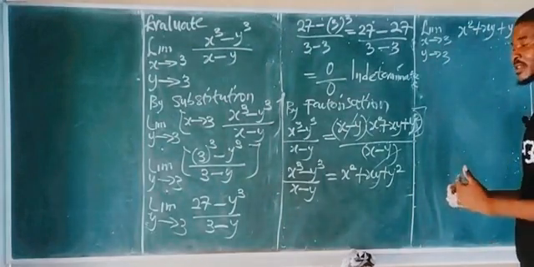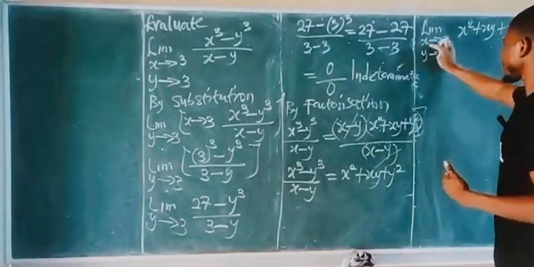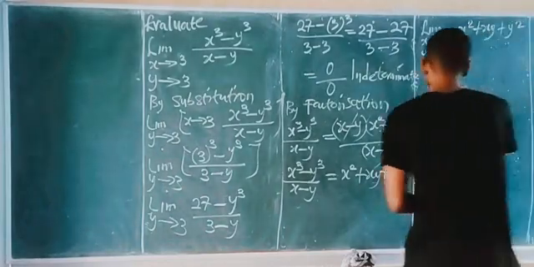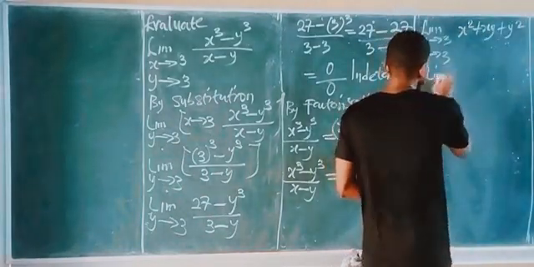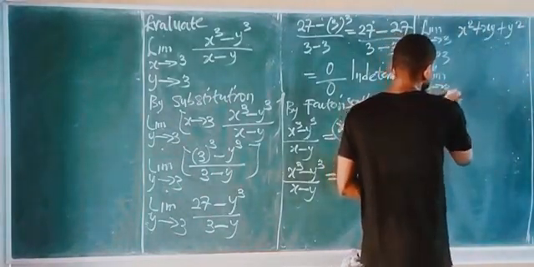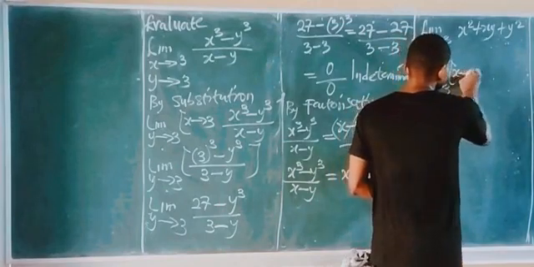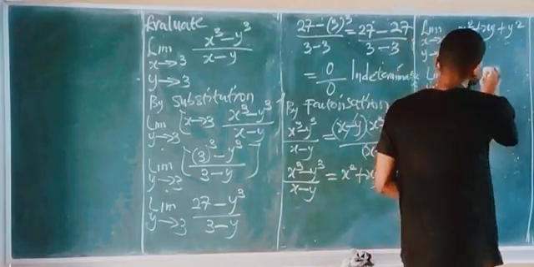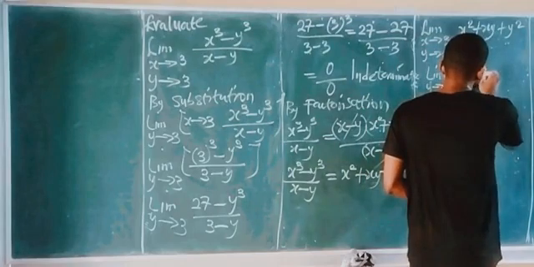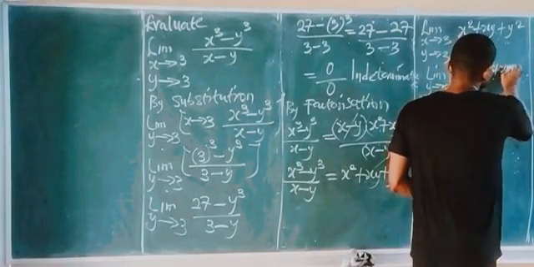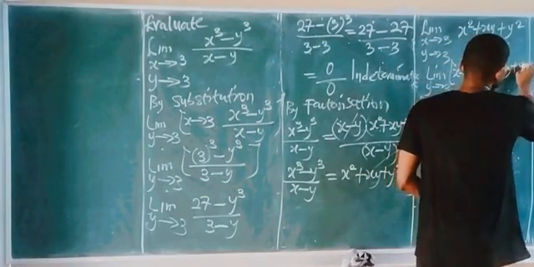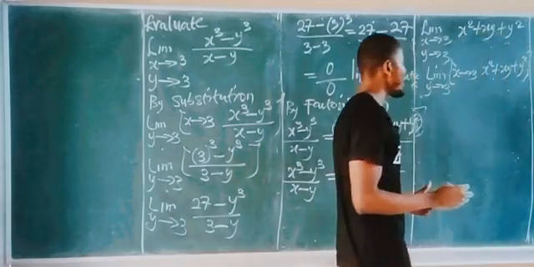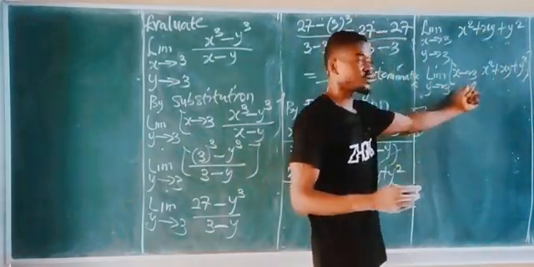We now try first by directly substituting the value of x as 3. This becomes limit as y tends to 3 of x squared plus xy plus y squared. Wherever I see x, simply put in 3.